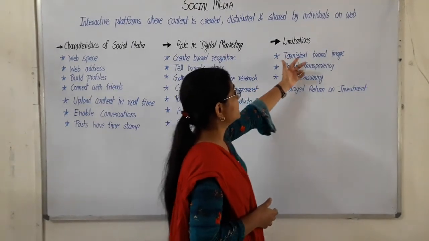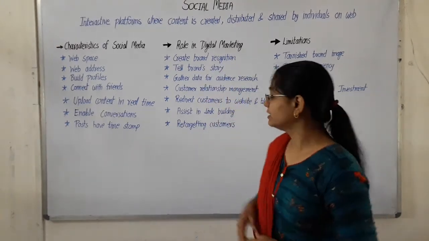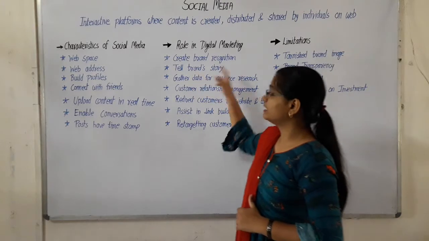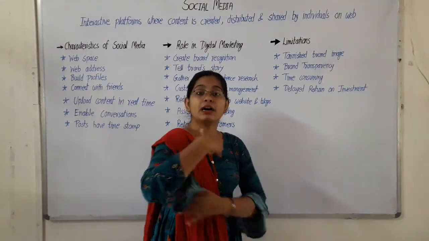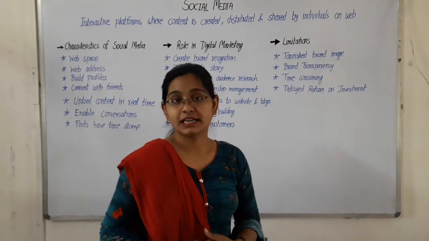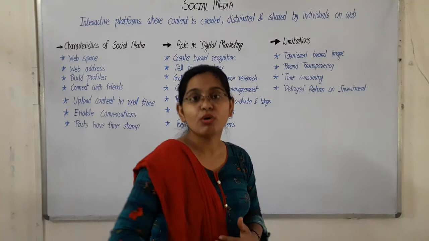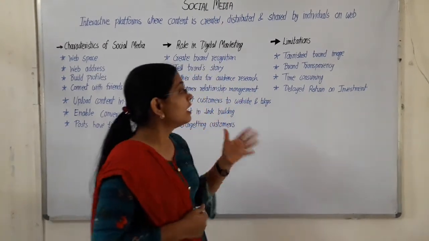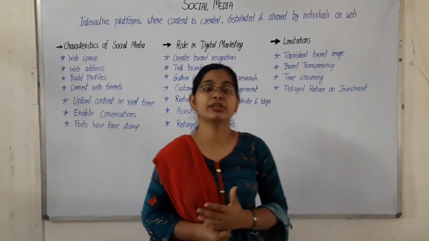The first one is a tarnished brand image. We have seen, while discussing the point of creating brand recognition and telling the brand story, that brands get more open with customers by using social media platforms. So here, one wrong post can tarnish the image of the brand.